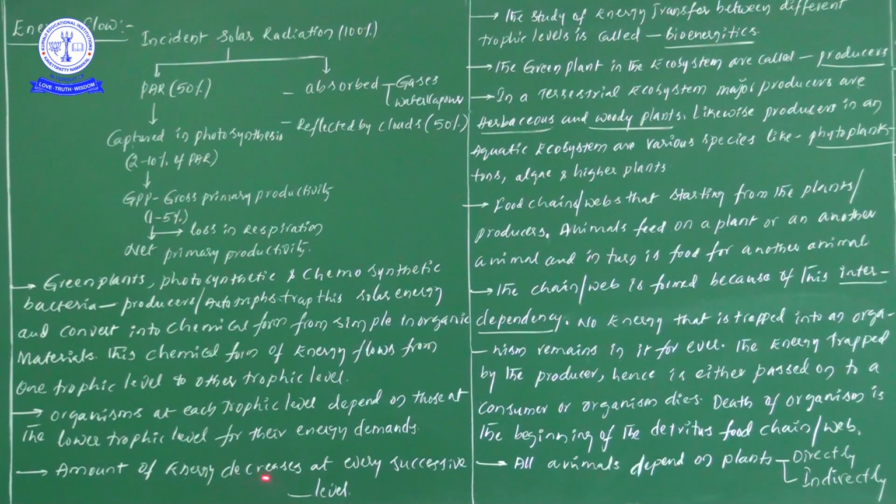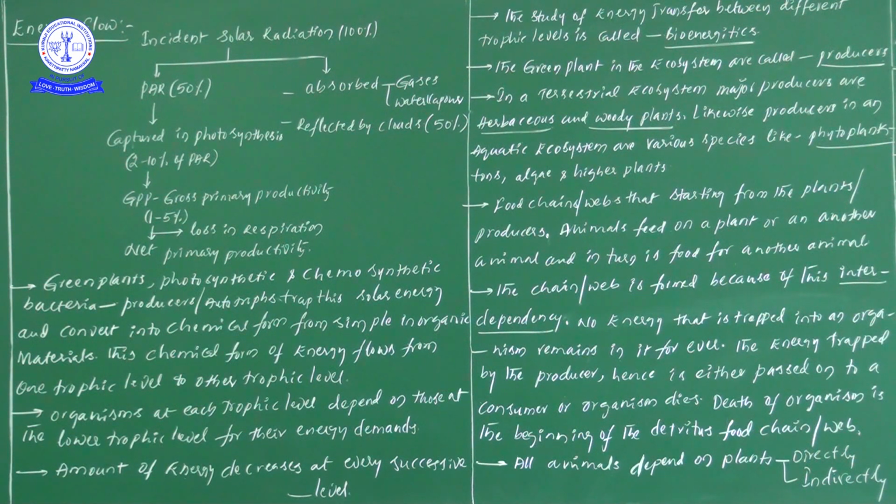Next, the amount of energy decreases at every successive level. The transfer of energy starts at the first trophic level, and only a very small amount of energy, according to Lindemann 10% of energy, is transferred. That point I have already given.